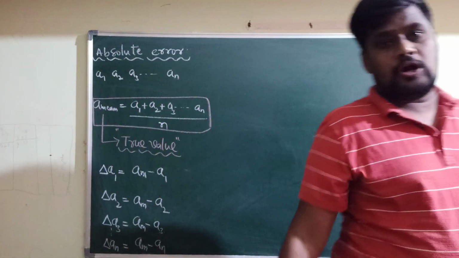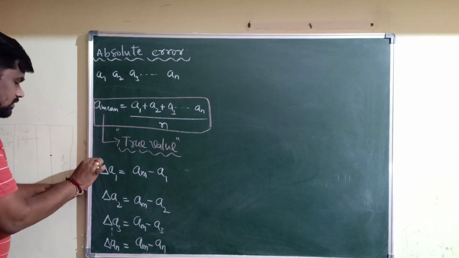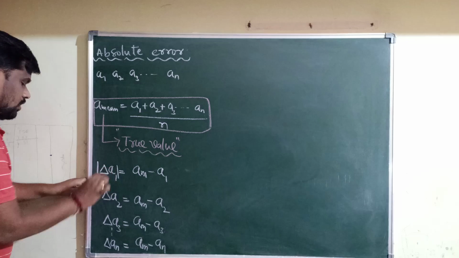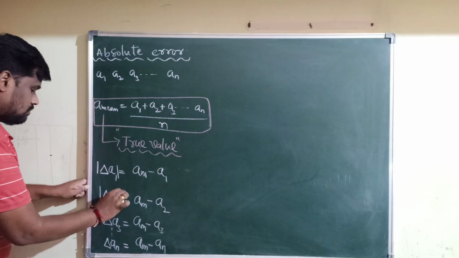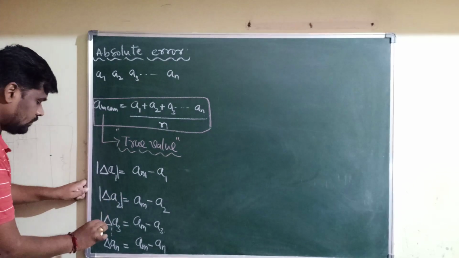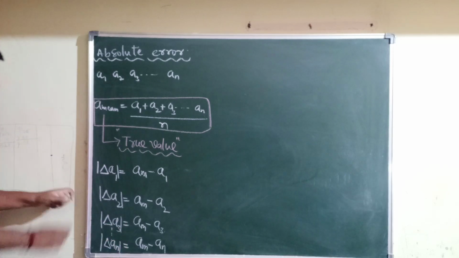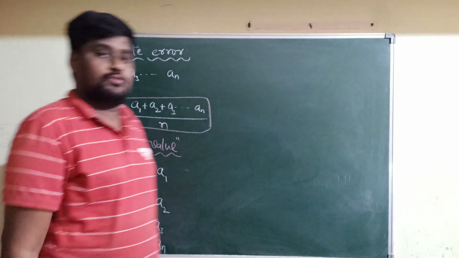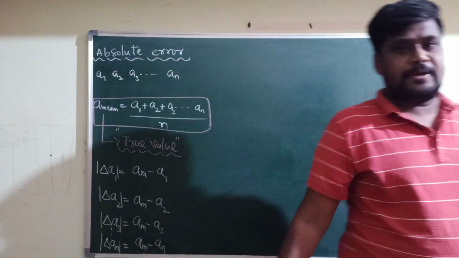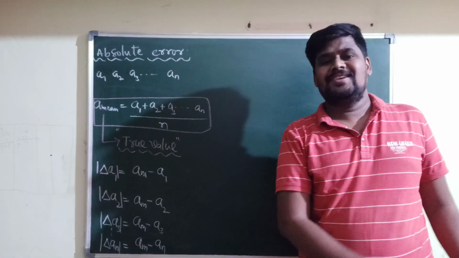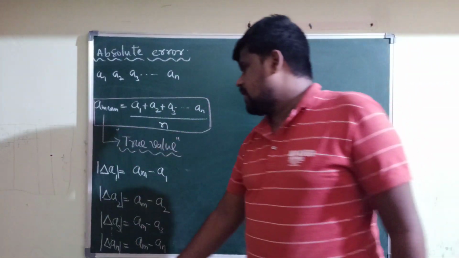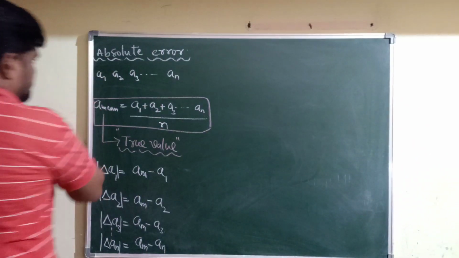That's why we are using modulus: mod of delta A1, mod of delta A2, mod of delta A3, up to mod of delta AN. This modulus sign is used to represent absolute errors as positive. These all are absolute errors in the observations.